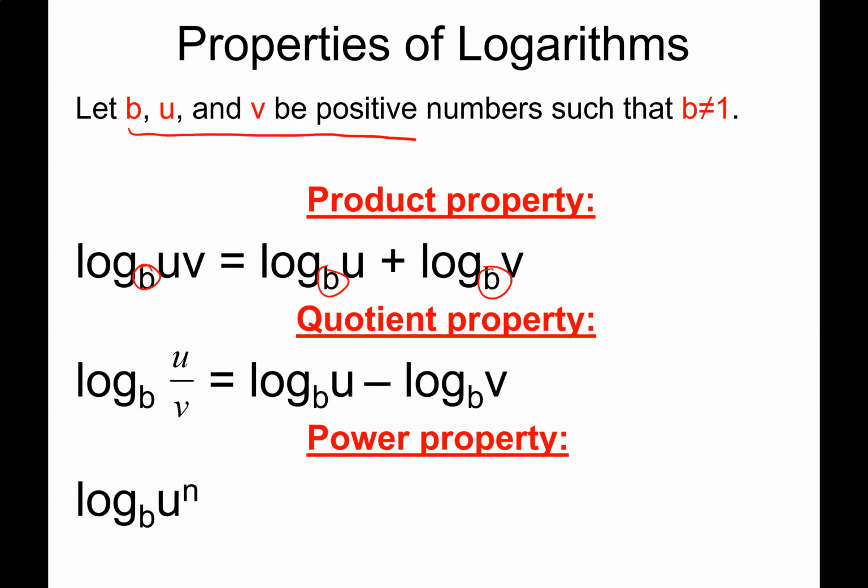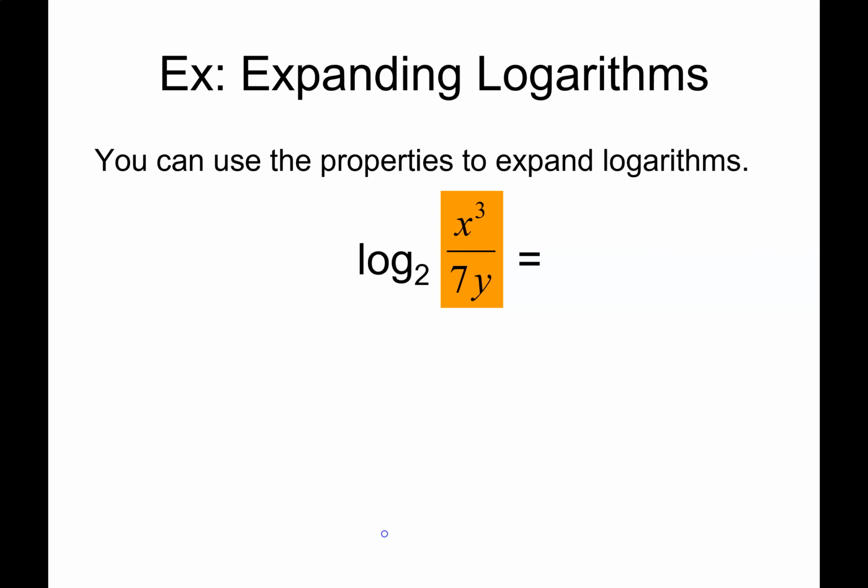So now we have log base b of u to the n power. When we expand it, now the n, this exponent, will come forward. So now the n, that exponent, is being multiplied by the logarithm. Okay, and once again, you want to make note that the base is still the same. Those are our 3 properties for logarithms.